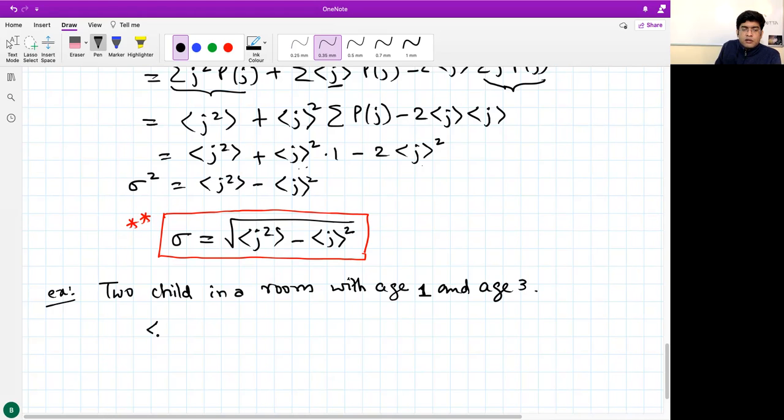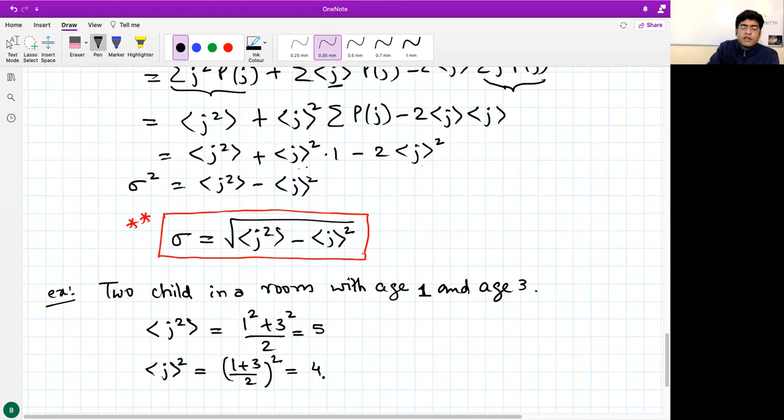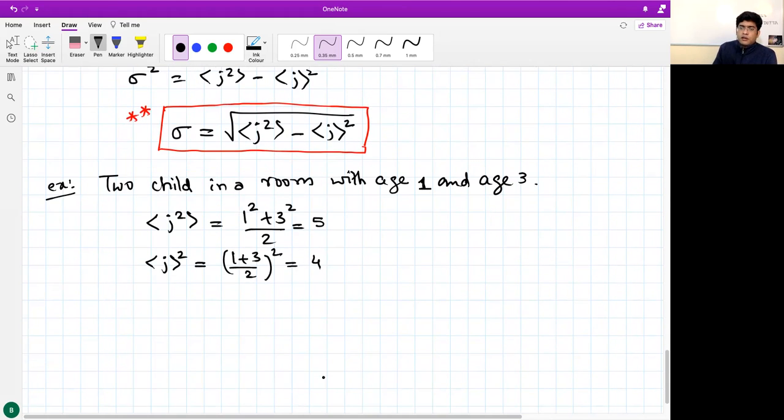Now what will be the mean of j square? This is 1 square plus 3 square, divided by 2, which is equal to 5. And what will be the square of the mean? The mean is 2, and its whole square is 4. We can see both are different things. With this example you can understand what the difference is.